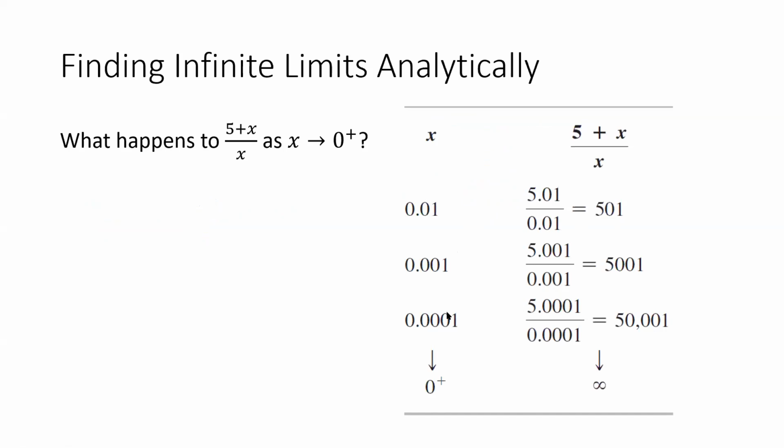Right, as we get closer and closer to 0, these values are just getting bigger and bigger and bigger, right? So we would say that the limit as x approaches 0 from the right of (5 plus x) over x is equal to infinity.